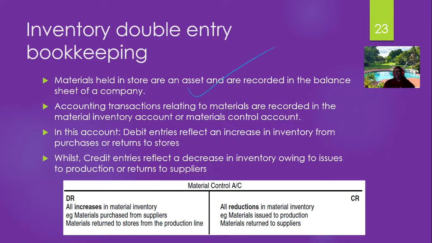So when we are talking of the balance sheet, obviously we are now into the accounting. We are now tackling the accounting aspects, the bookkeeping aspect of costing. Now, accounting transactions relating to materials are recorded in the material inventory account or materials control account.